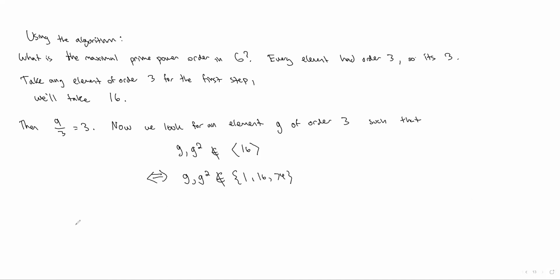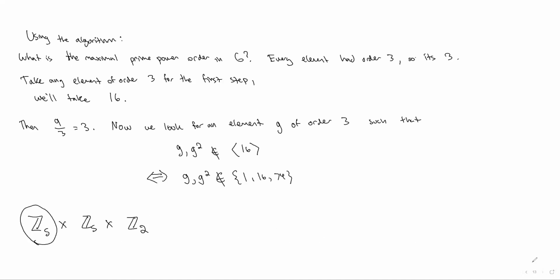Like, we're trying to write it as a product like Z5 times Z5 times Z2 or something. If we find this first Z5, then we have to account for 10 in our product now. It helps narrow down the possibilities.